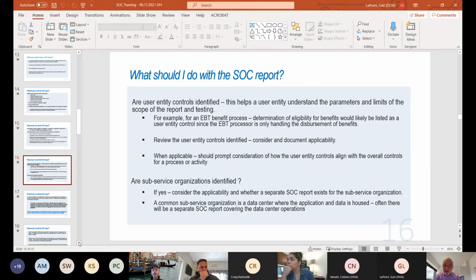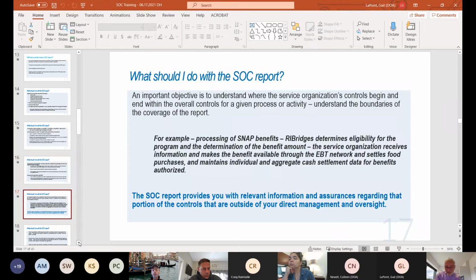We do get a SOC report on the MMIS itself, but they identify a subservice organization, which is a data center that they use down in Florida, and there is a SOC report for that data center. We also obtain that because it is relevant to the overall objectives. So that's the second bullet there.